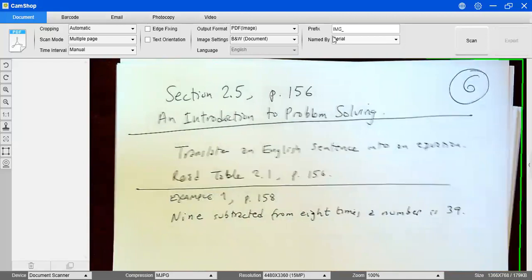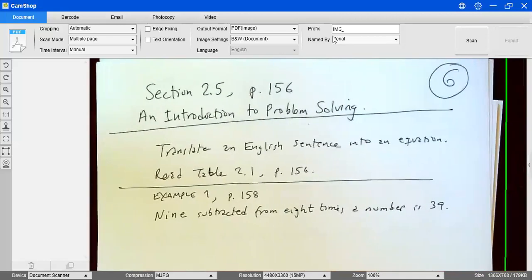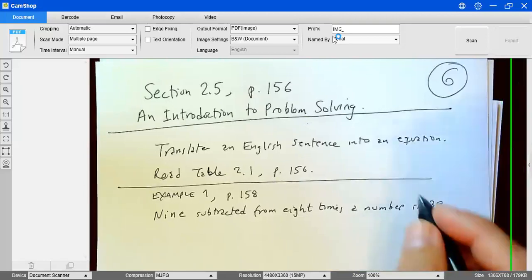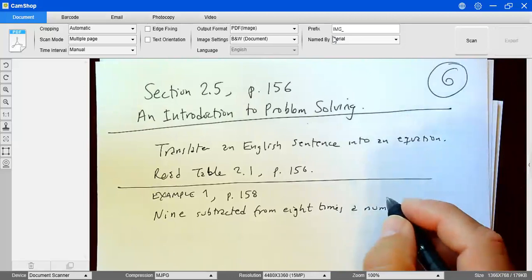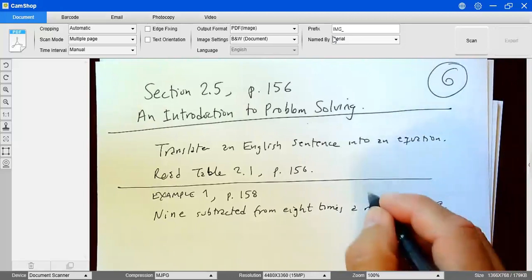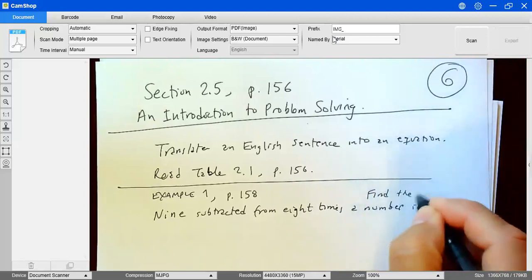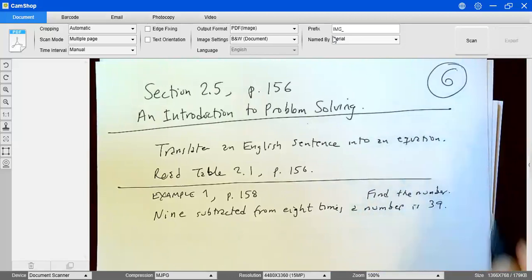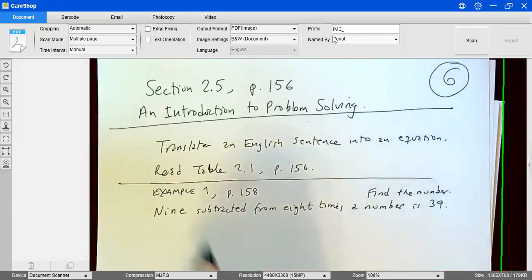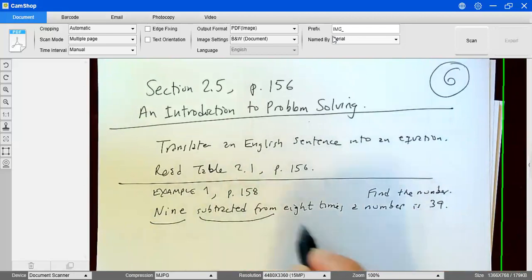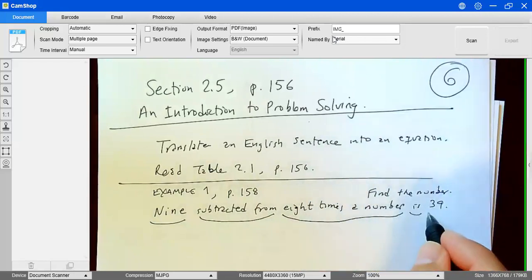I try to write the sentence in one single row to be able to create the equation. Then the final part is: find the number. So we have 9 subtracted from 8 times a number is 39.